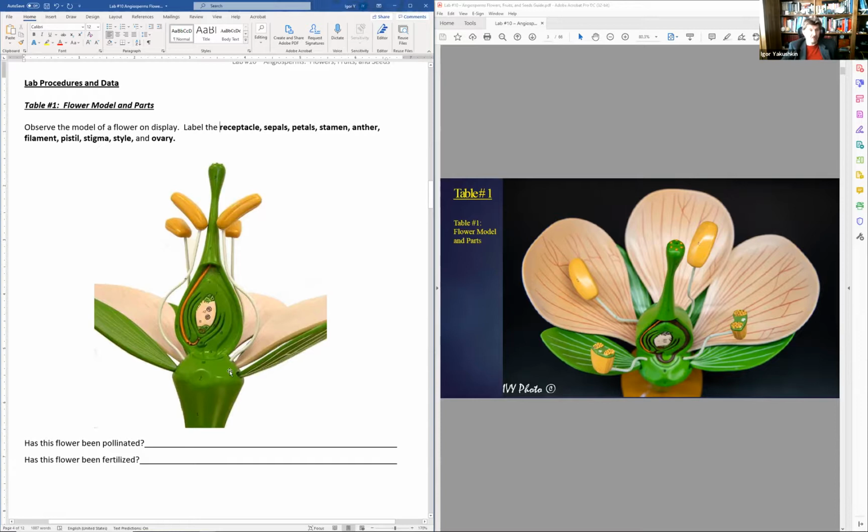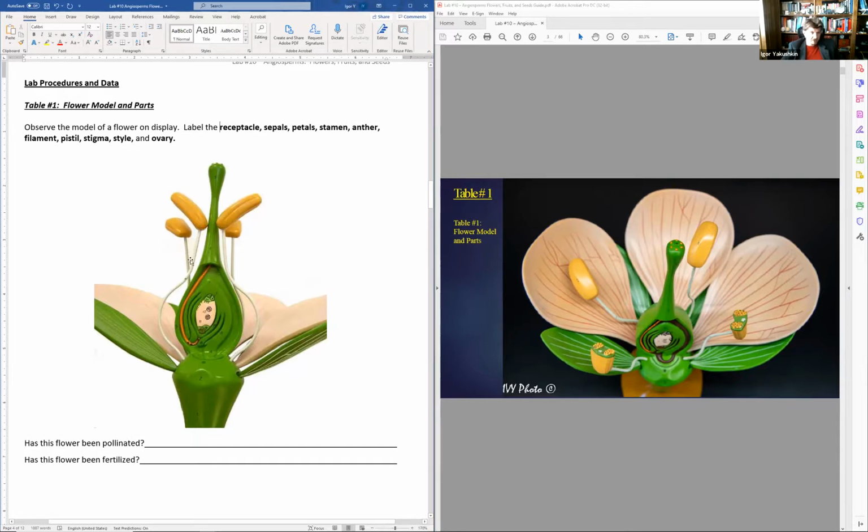So here we have receptacles, sepals are the green, petals are, well, here it's kind of, I don't know what the color will be, orangish, light orange, I guess. So petals, stamens, that particular white filament and the yellow anther.